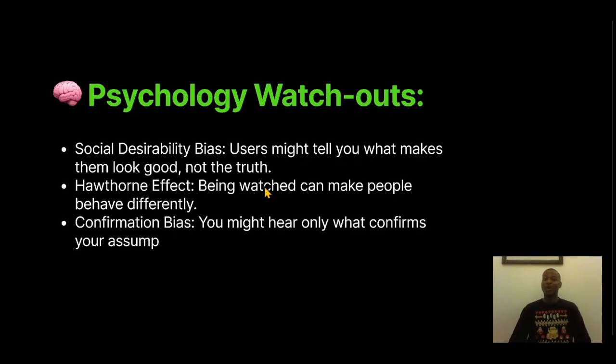Now, psychological watch-outs. First, social desirability bias. Users might tell you what makes sense to them and looks good, but not the truth. Sometimes users might tell you they feel this should be in place, that should be in place, but it might not really be it.